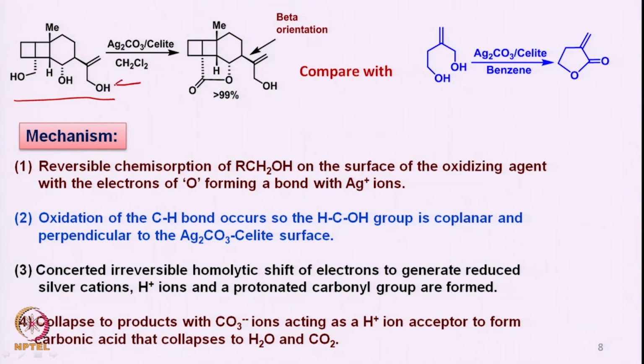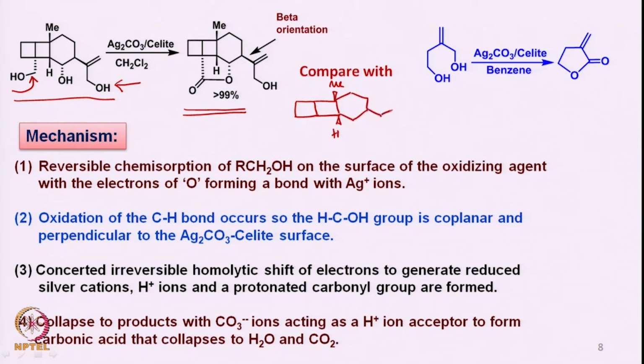Although this is an allylic alcohol which should get oxidized, what happens here is that this particular primary alcohol gets oxidized first, and then there is a lactone formation, leading to this lactone via the corresponding lactol.